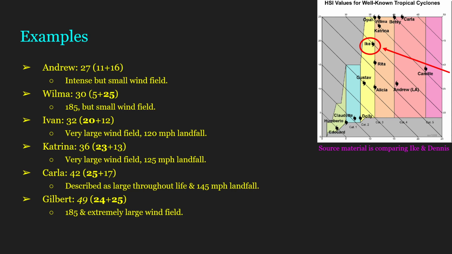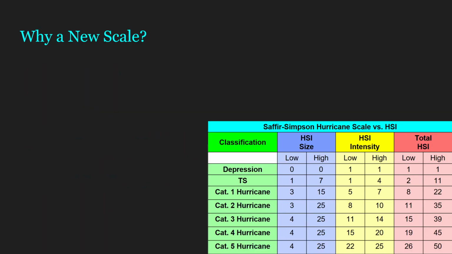I don't know about you, but that is very scary. Again, given that the HSI is a much better descriptor of the potential damage on land, I would absolutely pay attention if a meteorologist said that Gilbert has an HSI of 49 out of 50, so expect the worst. I would absolutely take notice.